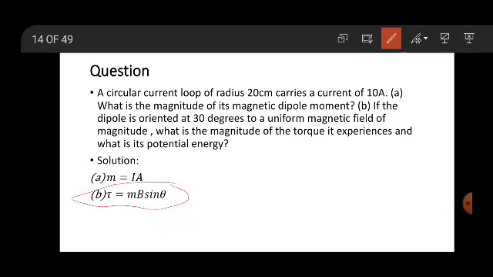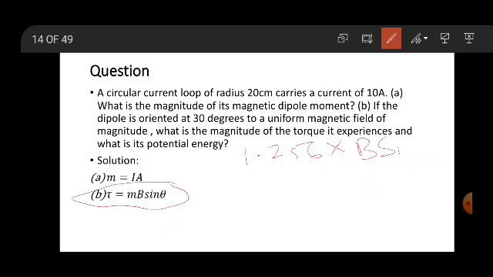So from the question, we just saw that magnetic moment is 1.256 from A. Then multiplied by B. B is the flux density. The flux density in the question is not given, so we have it as B. We can leave it that way. It's supposed to be given, but since it's not given, we have it as B. Then we have sine theta.